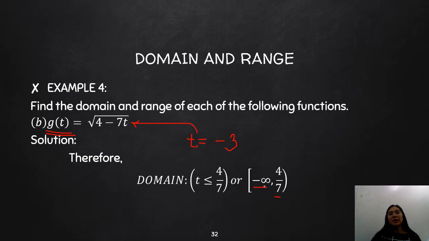So, ang limit niya is any negative number hanggang sa 4 over 7. Ibig sabihin, pag 4 over 7 naman, yung plug mong value dyan, you will get a function equivalent to 0. Kasi pag tumaas na dito, say for example, nilagyan mo ng value na 5, hindi na siya pwede. Kasi you will get a negative square root, which is not supposed to be. Na hindi pwede, di ba? So, dyan mo makikita yung pagkakaiba ng domain sa range.